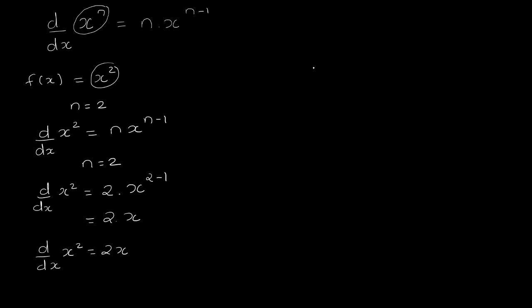Take another example, f of x equals x cube. Comparing x cube with x raised to n, n is 3 here. So d by dx of x cube will be given by n x raised to n minus 1.